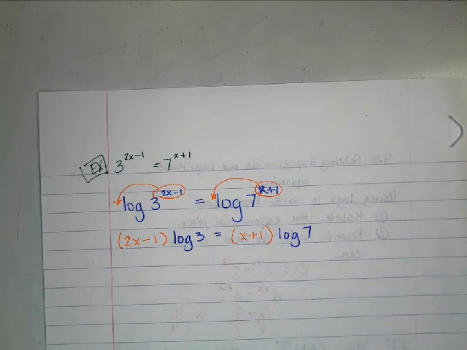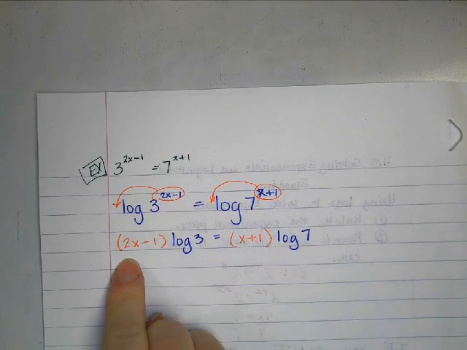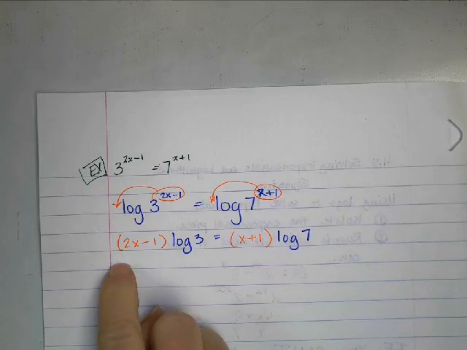Well, this is the only thing that you have to remember. See, distributive property, we train ourselves, unfortunately, in the United States, because we read from left to right. We get so used to distributing from left to right that we forget that distribution can happen in either direction. So this is really log 3 being multiplied by 2x minus 1, so you have to distribute it to both pieces.